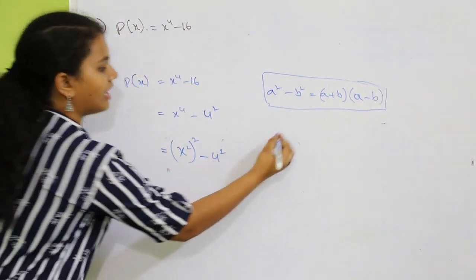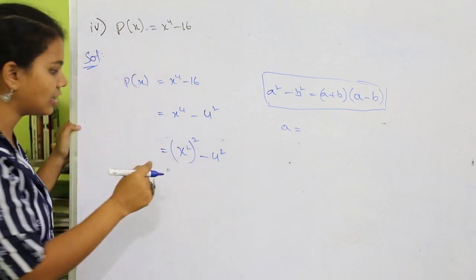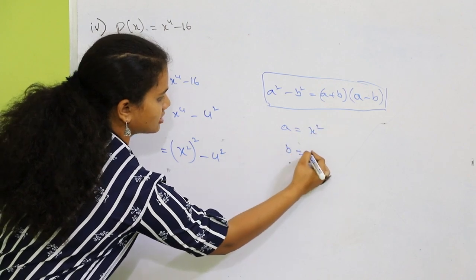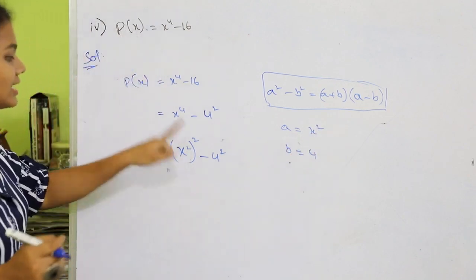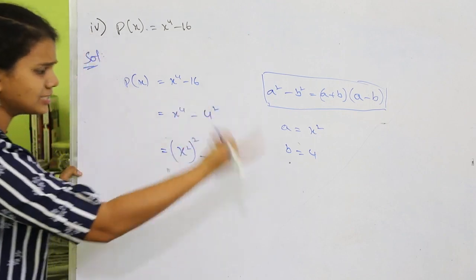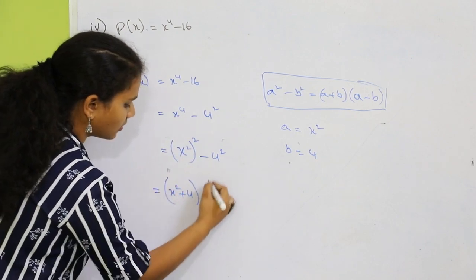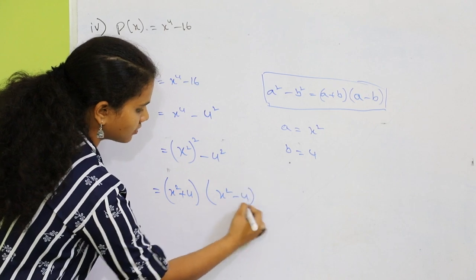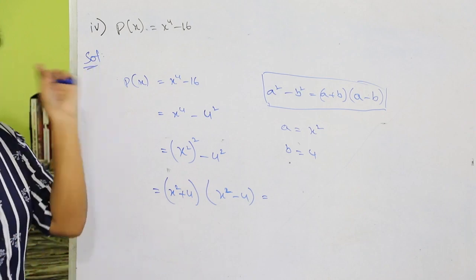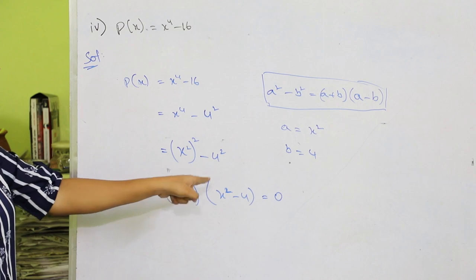So by using that, consider a value as x square and b as 4. Then this becomes a plus b into a minus b, which means x square plus 4 into x square minus 4. Clear? As I said before, equate the whole equation with 0.